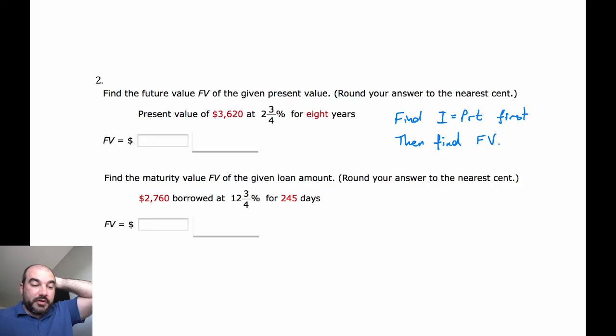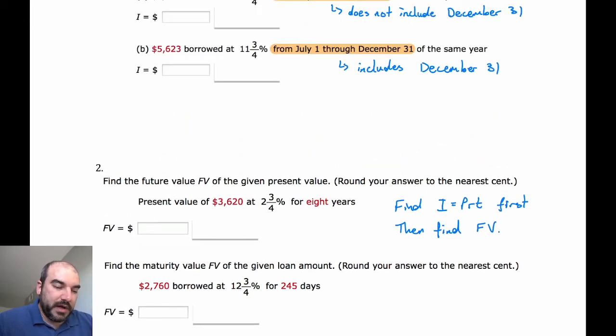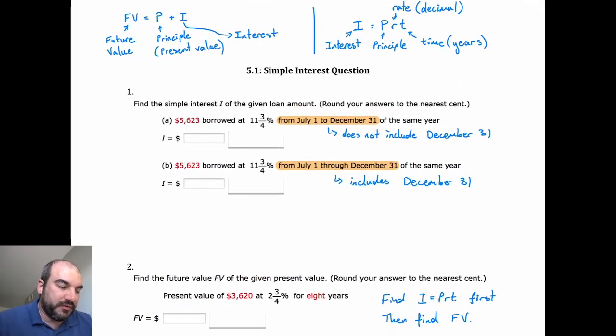All right, so use I equals P times R times T to find interest first, and then you can find future value using the future value formula. Any questions on the formulas or anything I said so far?